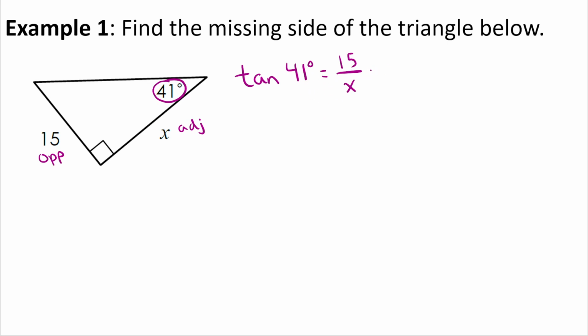The first thing I would do is multiply x to both sides and cross out the x's over here. So now we get x tan 41 degrees equals 15. And all you have to do now is get x by itself, so divide tangent of 41 degrees to both sides.